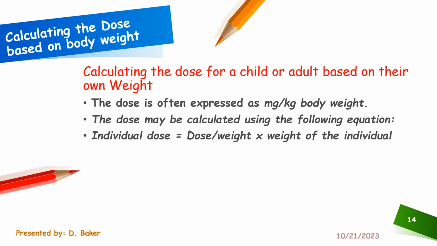Now, the dose is often expressed in terms of milligram per kilogram of body weight, and it's usually calculated using the notation below. The individual dose is equal to the dose per body weight times the weight of the individual patient.